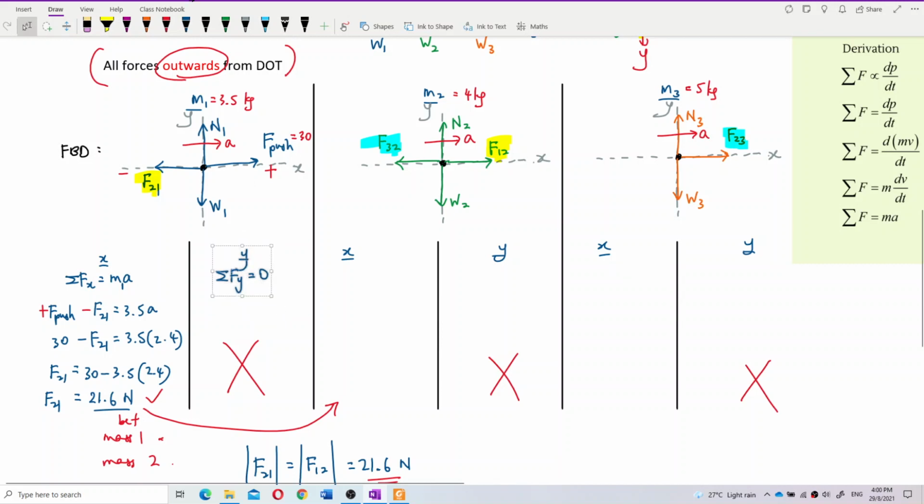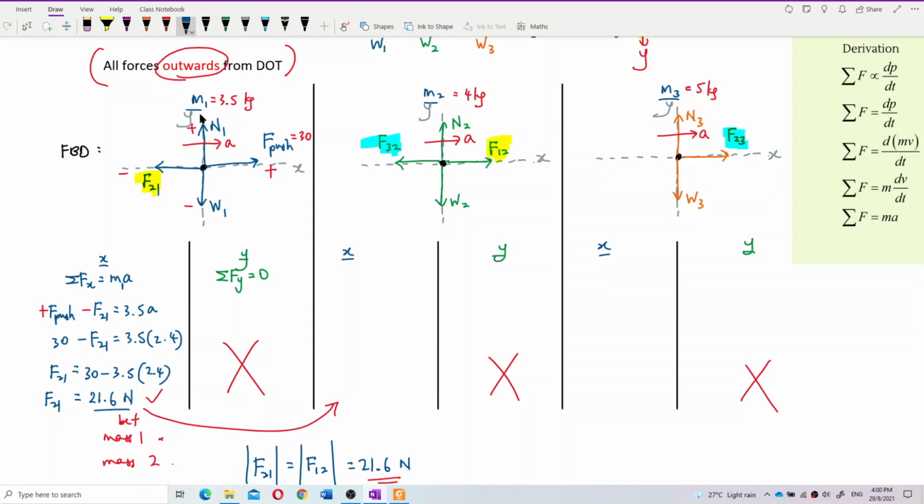Maybe make it green color. I like green a lot. So the Y component has no acceleration, isn't it? We have no acceleration to compare, so we just take direction upward positive, direction downward negative.